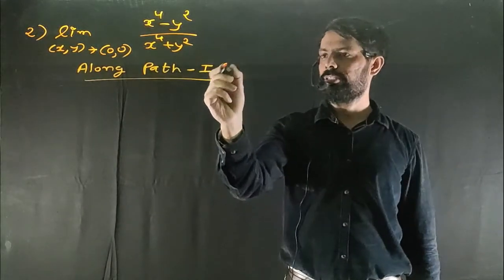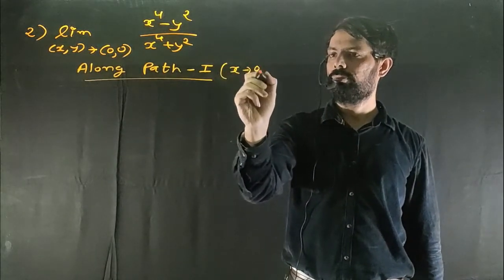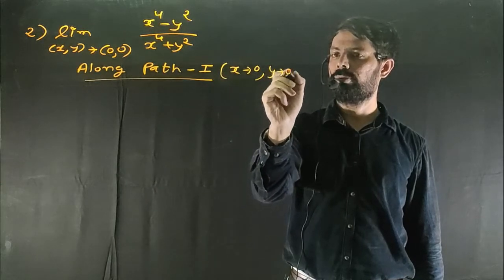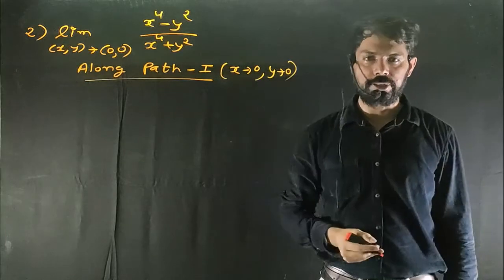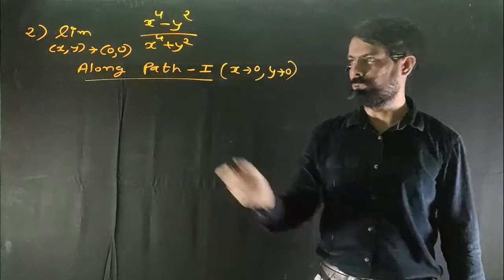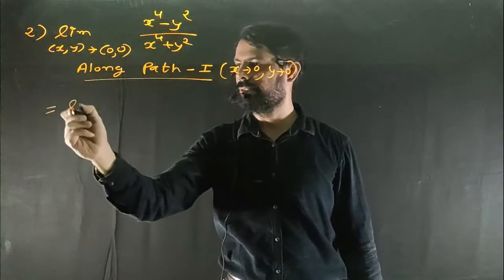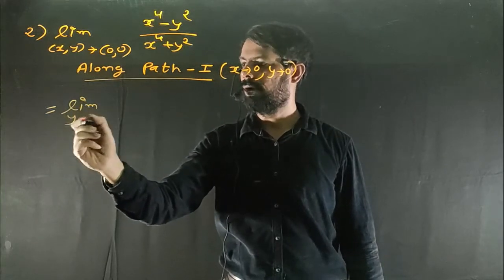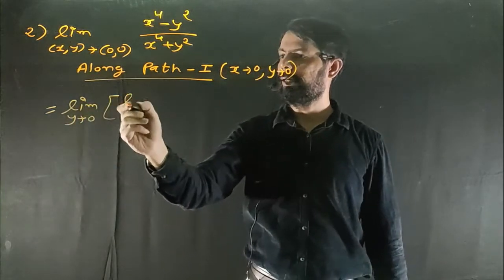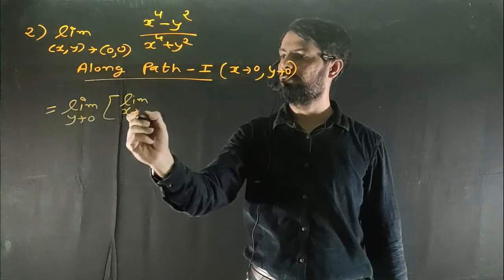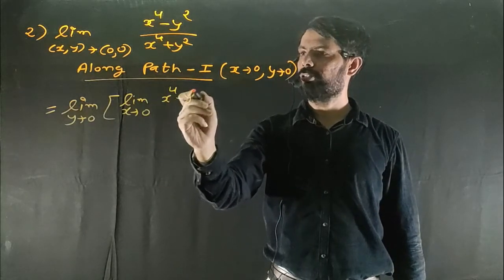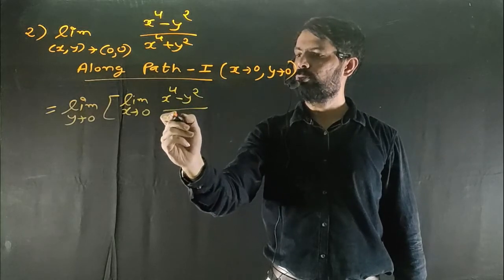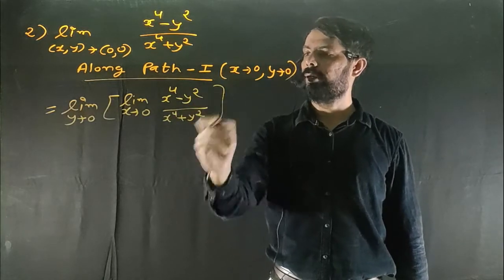Here first taking x tends to 0, then y tends to 0. So this is path 1. This can be written as limit y tends to 0, in bracket limit x tends to 0, of the function x raised to 4 minus y square divided by x raised to 4 plus y square.